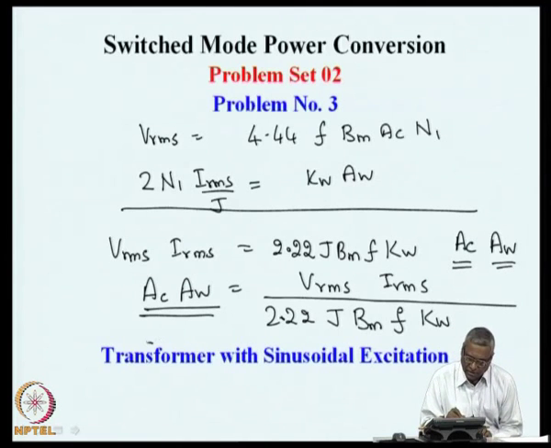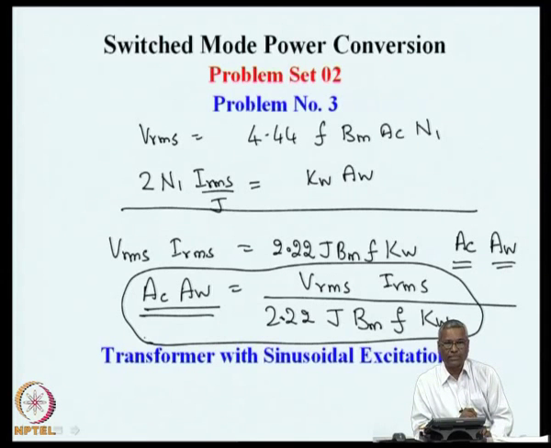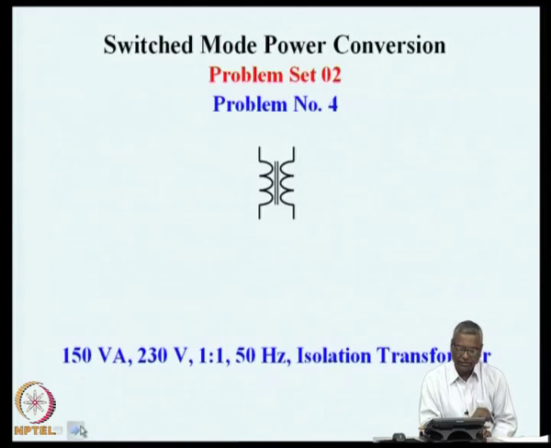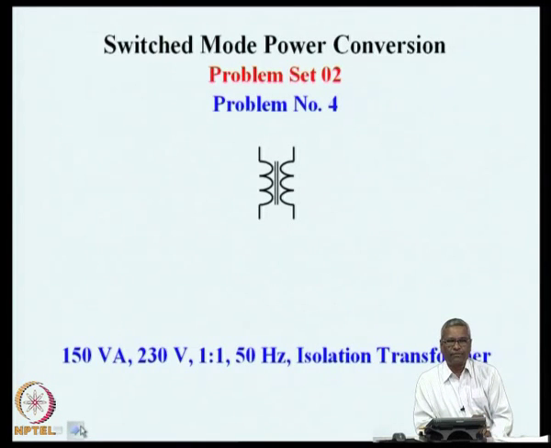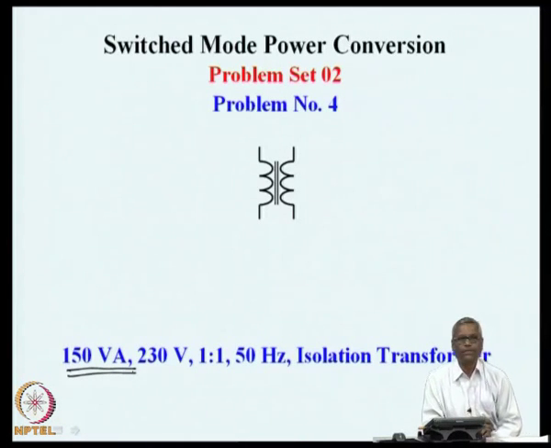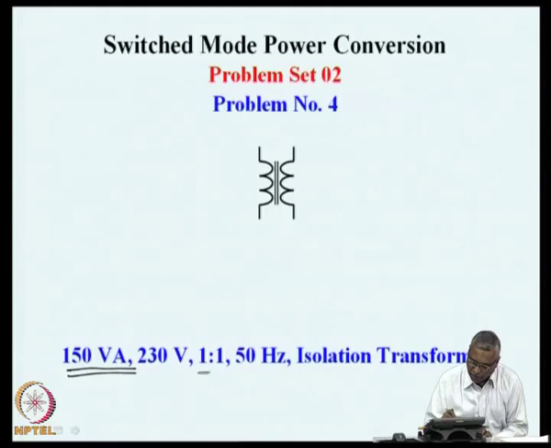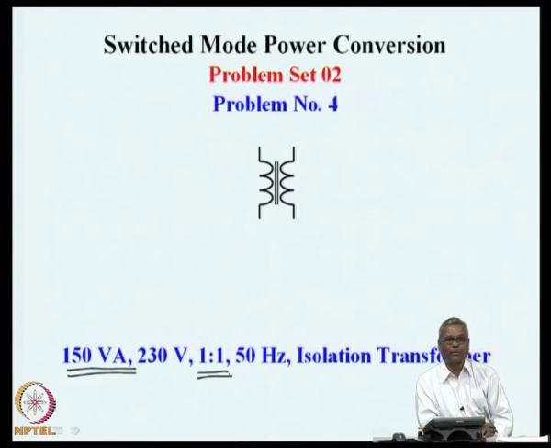Now, using this relationship, it is possible to design transformers for sinusoidal excitation. Let us see an example where we want to design a transformer whose VA rating is 150, that is RMS voltage multiplied by RMS current is 150, and it is a 1:1 transformer, that is primary voltage and secondary voltage are equal.